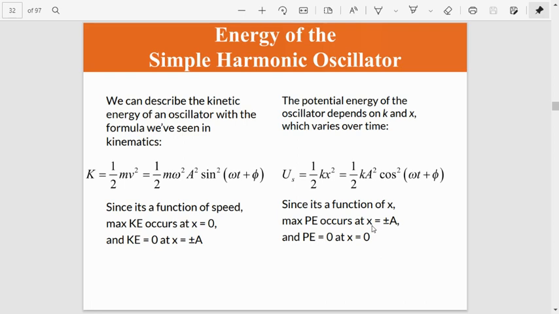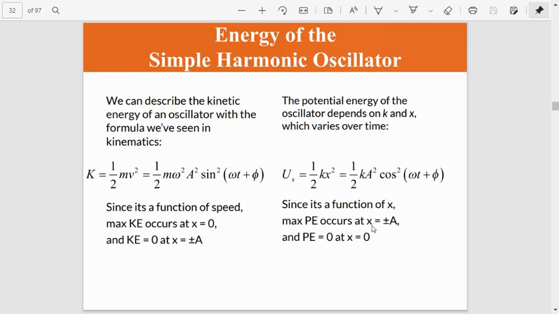Because we have simple harmonic motion, we can substitute the speed term in the kinetic energy formula with the full function for speed as a function of time. So we end up with a sine squared there, and all the terms we've seen: the amplitude, the angular frequency, and the phase shift phi. That means the kinetic energy changes periodically with time.